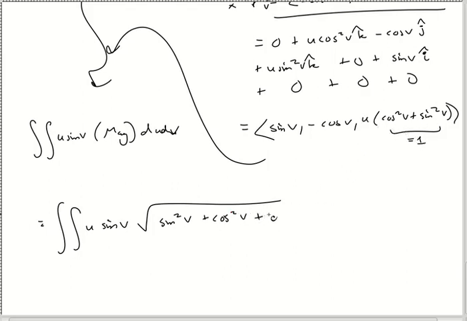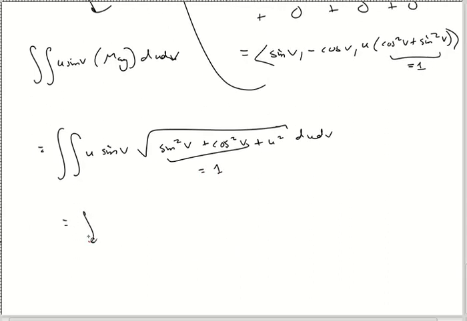So I'm just going to basically have a u squared du dv. Well, again, we've seen this also is going to be a 1. So u sine v square root of 1 plus u squared du dv. And again, my u was 0 to 6, and my v was 0 to pi.